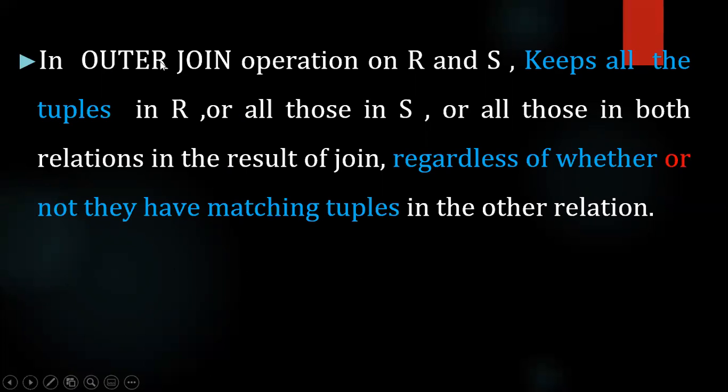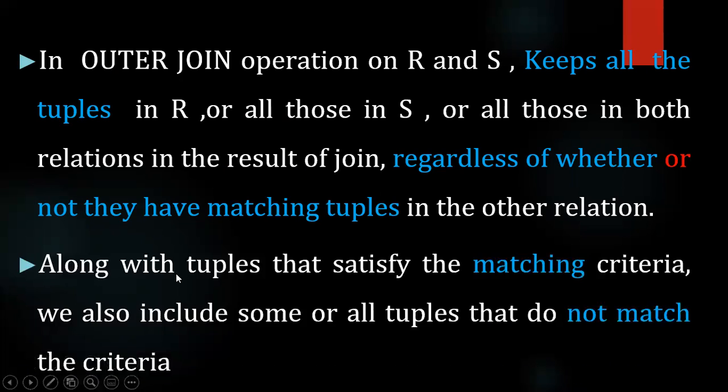It may keep tuples from the left relation R, from relation S, or from both, based on which relation's tuples you want to keep in the result: all tuples of the left relation, the right relation, or both relations. Based on that, outer join will be categorized into three different cases, because it will keep both matching and not matching tuples.